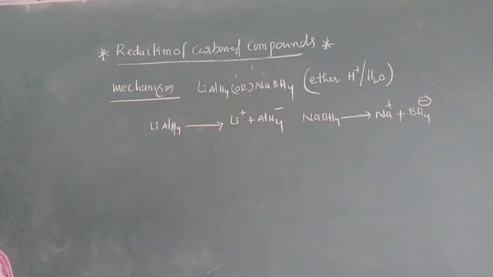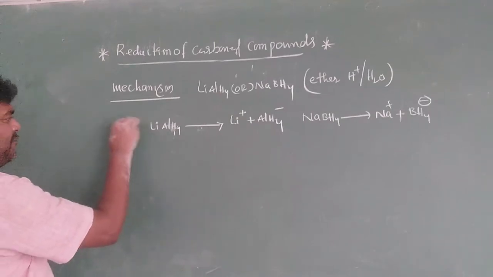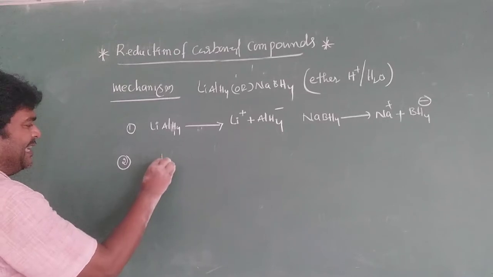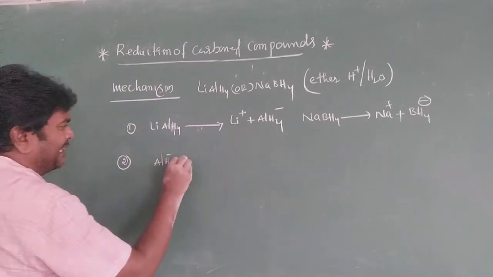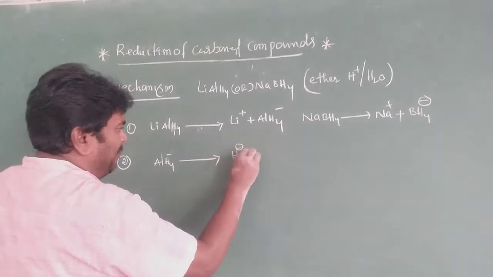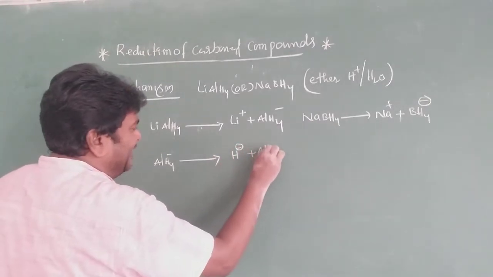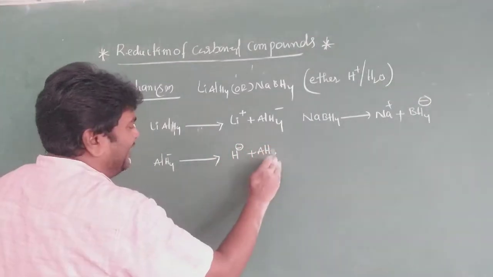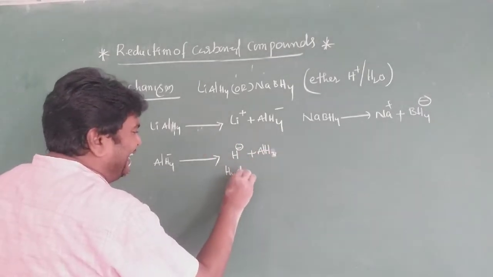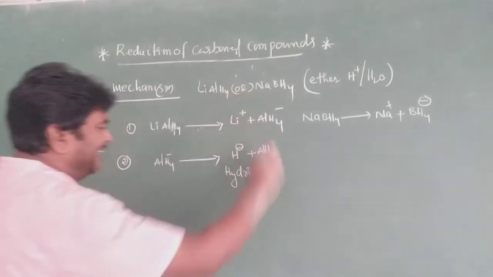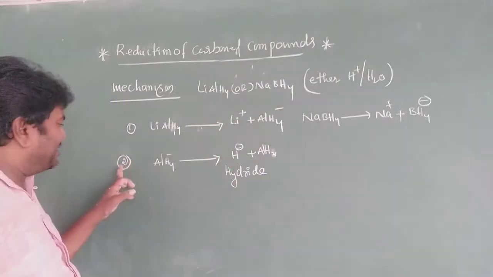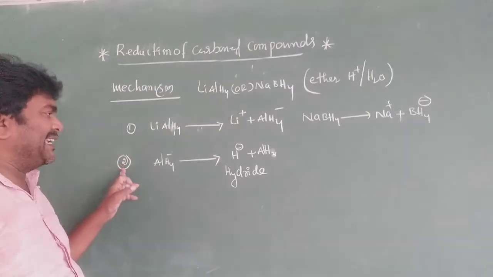This is the first step in the mechanism. In the second step, what happened here? AlH4 minus gives rise to H minus plus AlH3. AlH3 is formed. This is the hydride ion. It is very important. Hydride ion is produced in the second step.